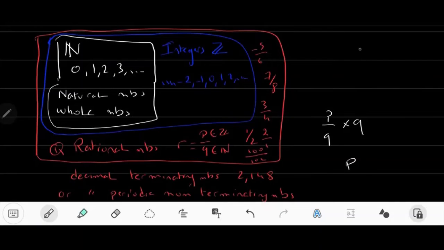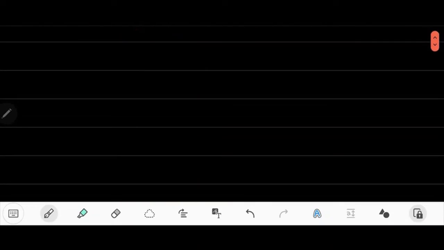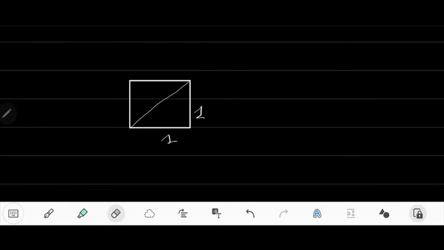Which means that if you take, for example, a square whose side is equal to 1, and if you take the diagonal of this square, the diagonal of this square will be equal to a number that if you multiply it by itself, it will give 2. So this number will be radical of 2, will be denoted radical of 2. So it's a number that if you multiply it by itself, it will give 2.